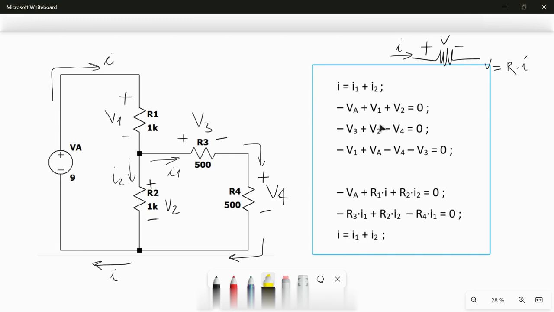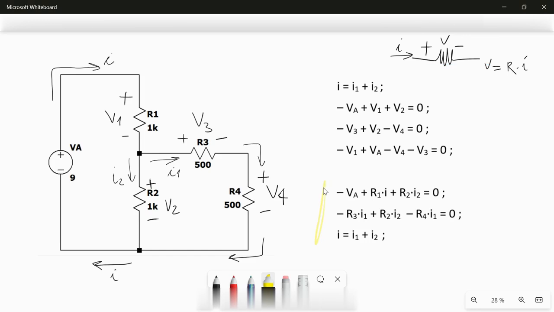So these go away, minus V1, and plus VA, because we subtract the first from the second. Basically, this means that I just need two of these three equations. I can choose the first and the third, or the second and the third. I've chosen in this case the first and the second, but they are enough. And I can see this from this system.